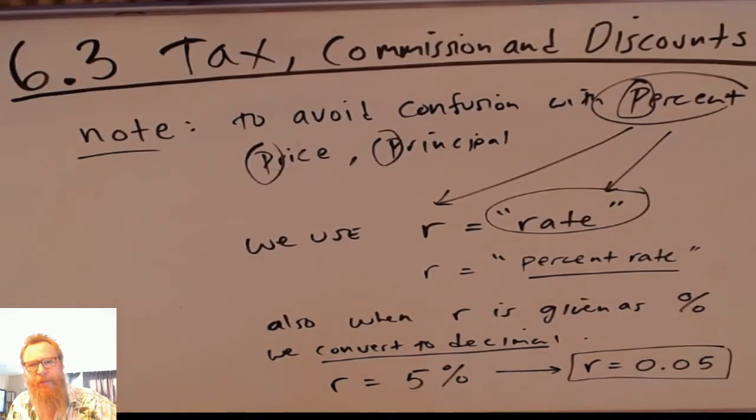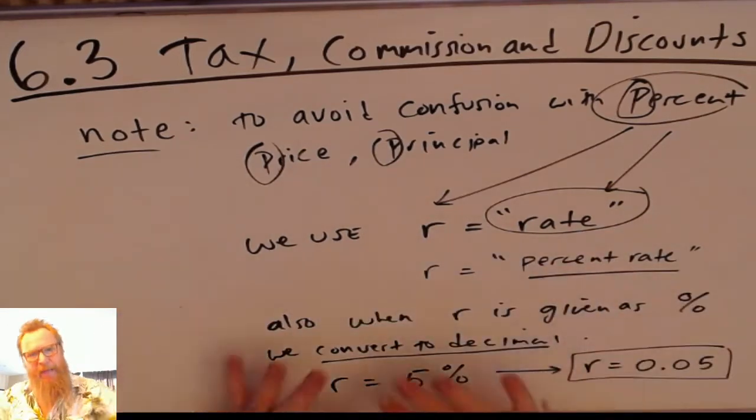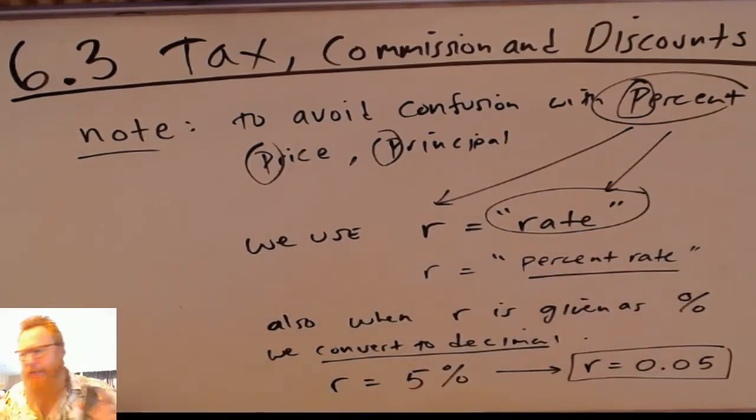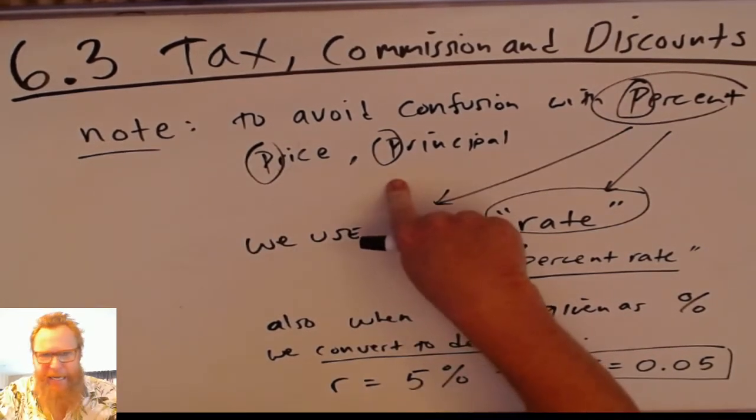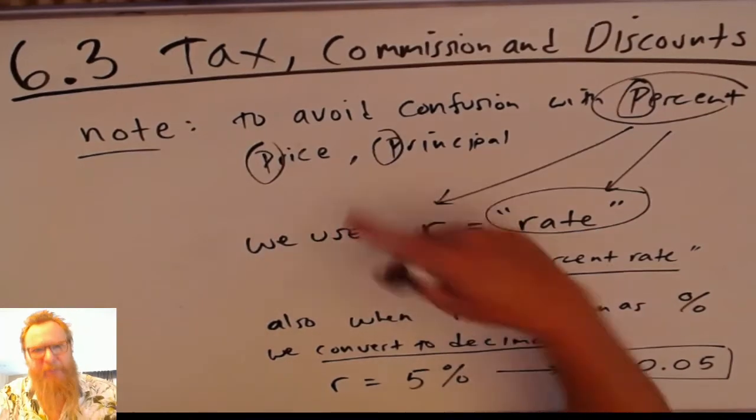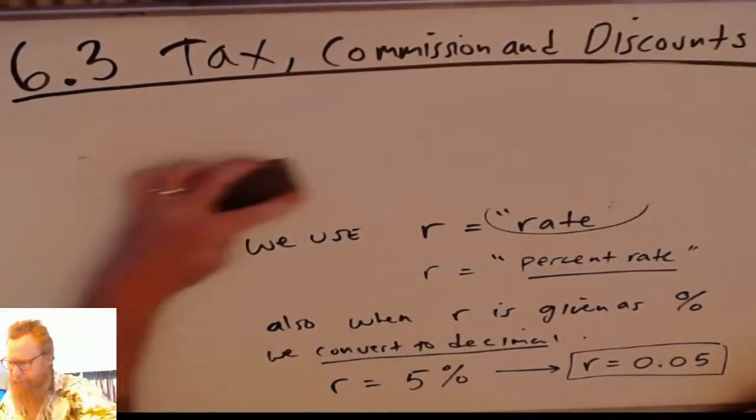It doesn't mean that it's 0.05%. It is 0.05 as a rate or as a ratio. It's 5 out of 100 or 1 out of 20, whichever you prefer. Having put that out there, I'll go ahead and do some problems. And if I want to use the letter P, it will now mean price or principal or something like that.